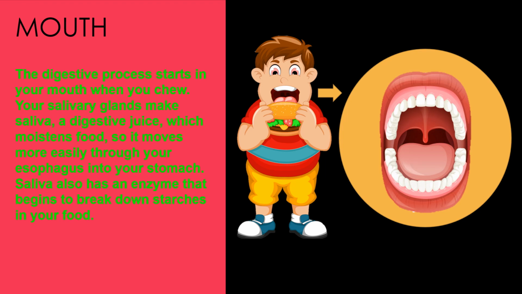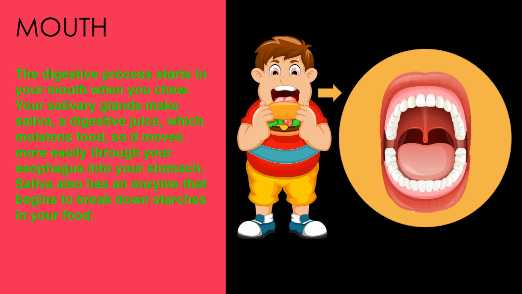Then the saliva, which is secreted from the salivary glands, mixes with this food and moistens it so that it can move easily through your esophagus. And then your tongue pushes the food into the pharynx. So this is all about the mouth.